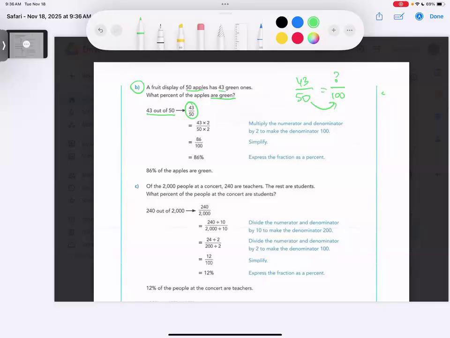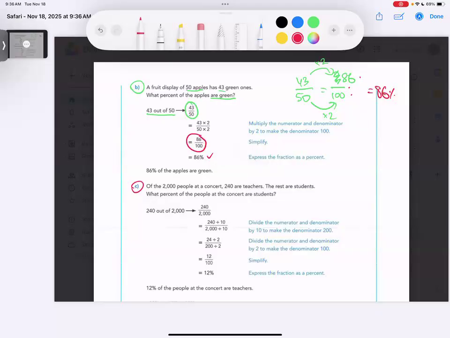So you want to figure out how to get from 50 to 100. You times by 2, and you times by 2, and you get 86 on top. And this is literally 86%. And that's what they've shown you here. We're multiplying the top and bottom by 2 to get a denominator of 100, so our numerator becomes 86, and that's 86%. 86% of the apples are green.